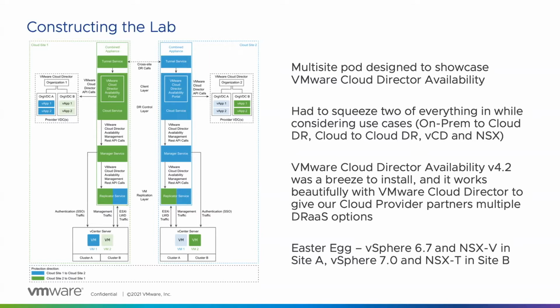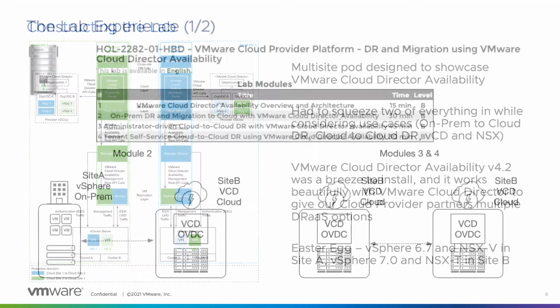So you can see how NSX-V works with VCD, as well as how NSX-T works with VCD, and look at their differences. And if I have time, I might write a secondary lab manual, and we can spin up another lab. It'd be like 2282-02, but that probably won't happen until later in the year, if it happens at all. But anyway, that's just something nice to know about the lab.